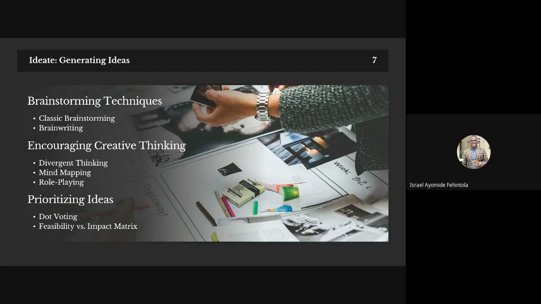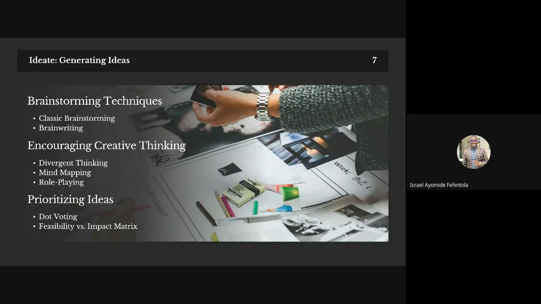Then mind mapping. Mind mapping is a visual tool used to put the problem in the middle, then branch out solutions that connect to it. Then role playing. Role playing is to allow each of your team members or your selected team members to assume the position of the user. Then you start generating ideas from there.